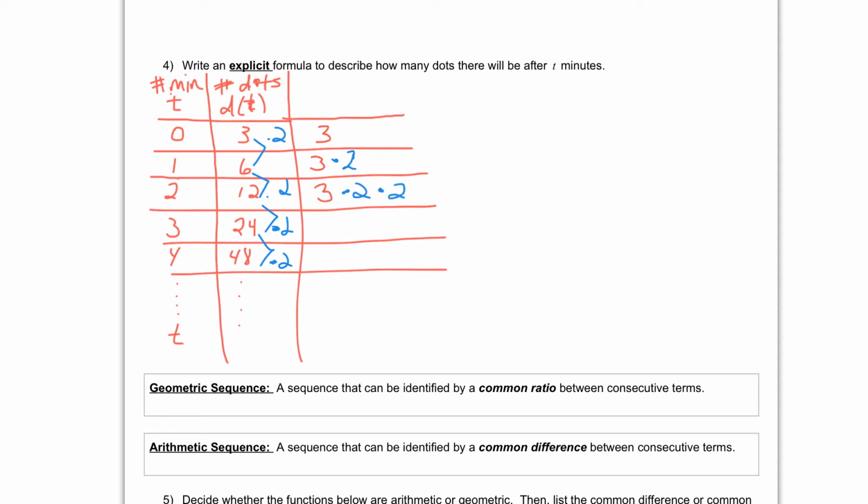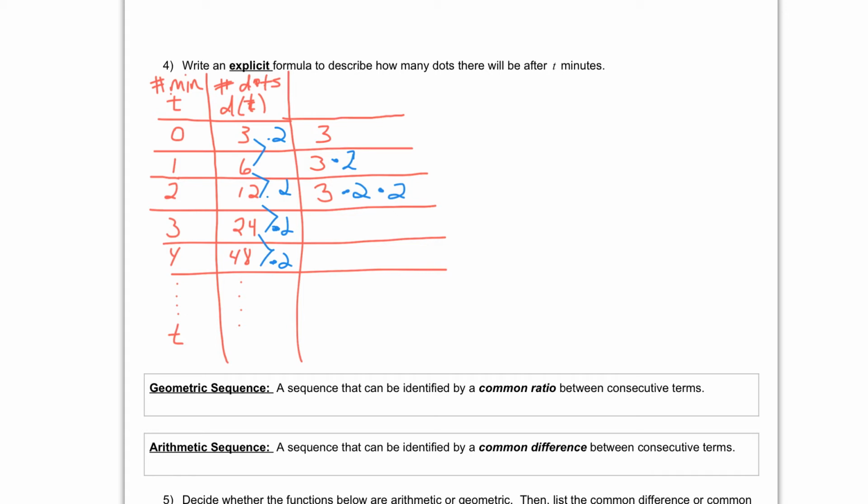So let me just show you what I'm talking about right here. So this 3 was our original, and then in the first minute, we multiplied by 2. That's this 2, and then to get to the 12, we multiplied by 2 again. So again, 3 times 2 is 6. 6 times 2 is giving us the 12 number of dots that we have. And we're going to continue with that pattern.